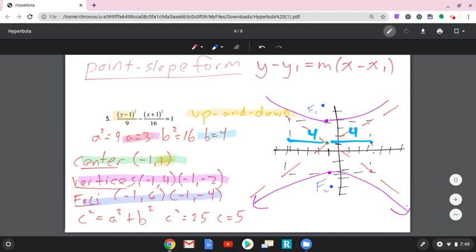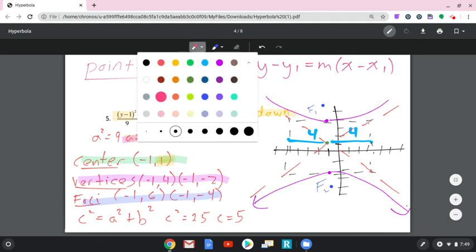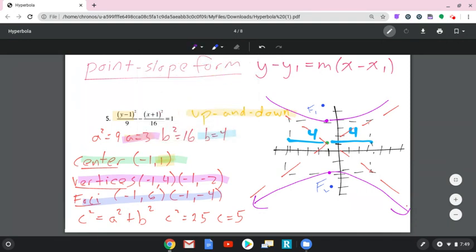Now, we're going to write the equations of the asymptotes. I'm going to have 2 equations because I have 2 asymptotes. I'm going to highlight them right now. Those are my 2 asymptotes.